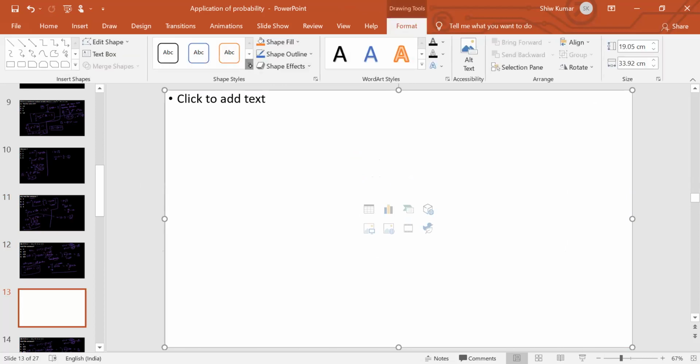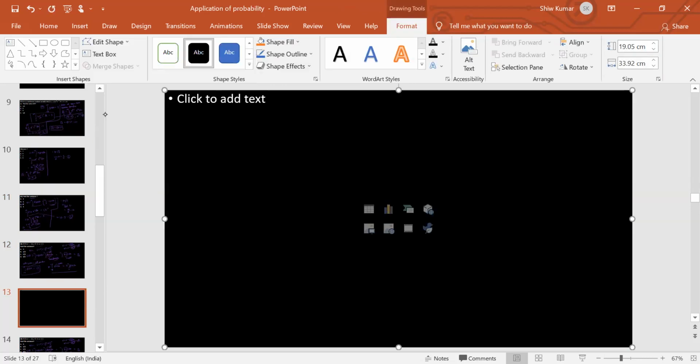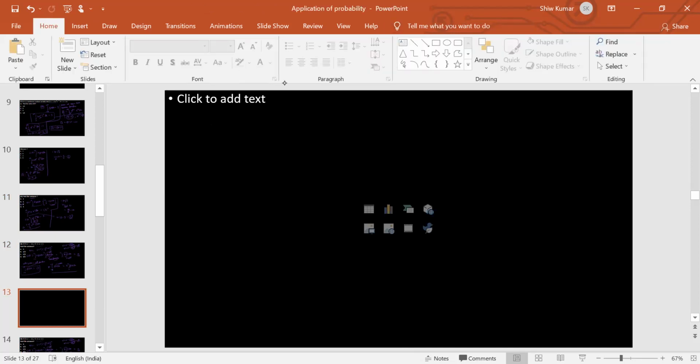Now we have to find the expectation of x whole square.